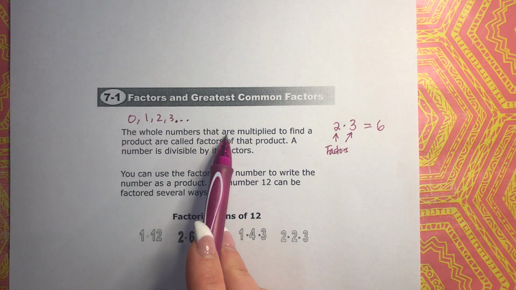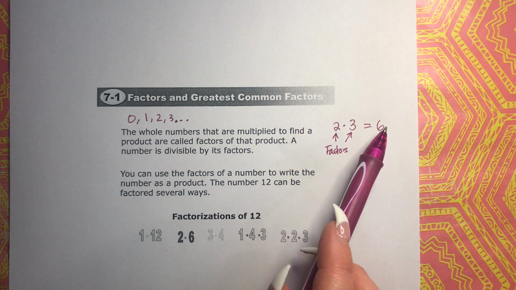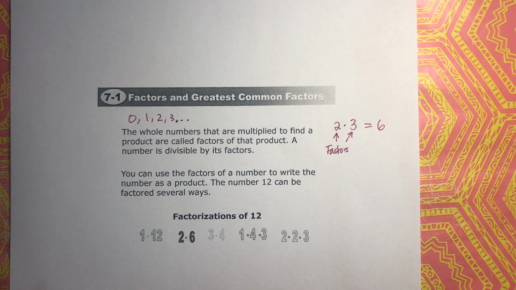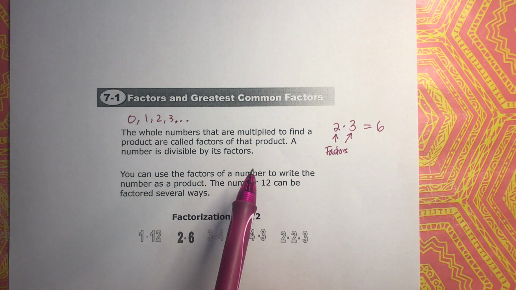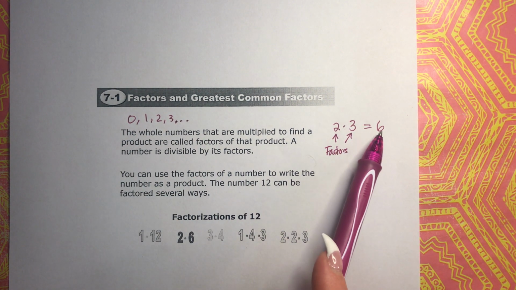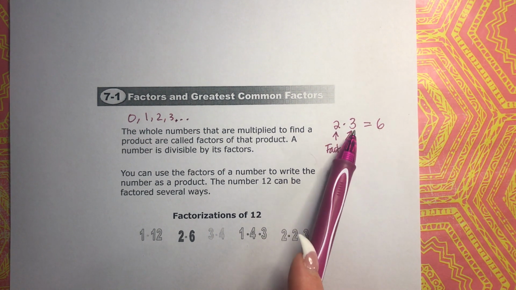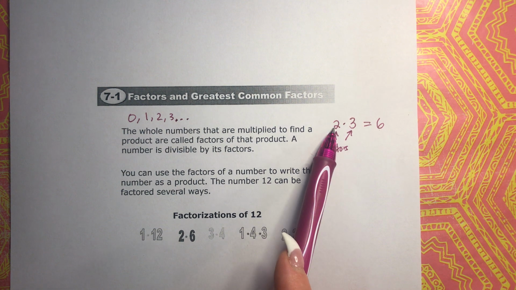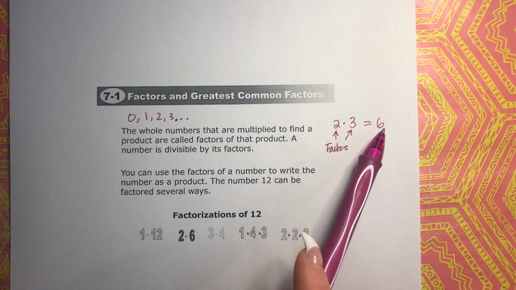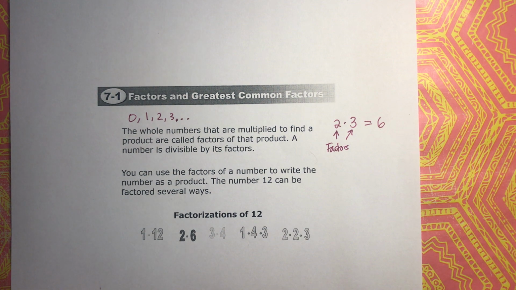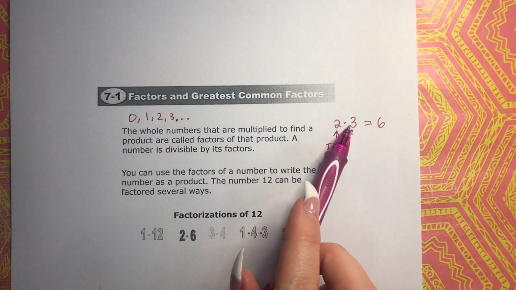And a number is divisible by its factors. So 6 is divisible by its factors: 6 divided by 2 is 3, or 6 divided by 3 is 2. So the product is divisible by its factors.